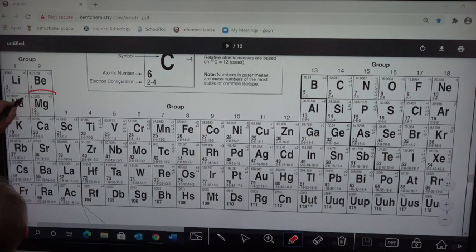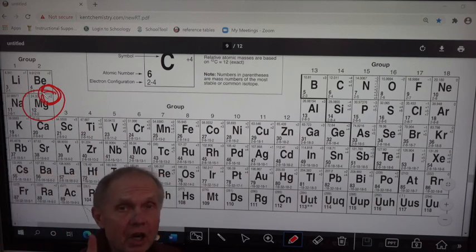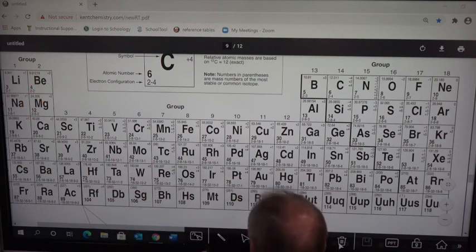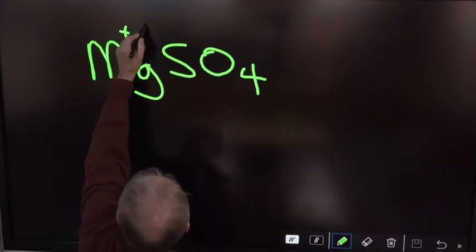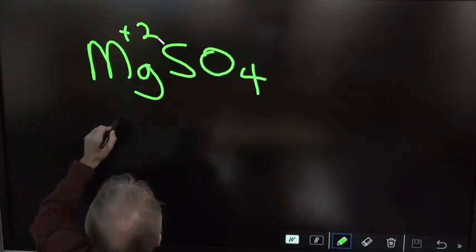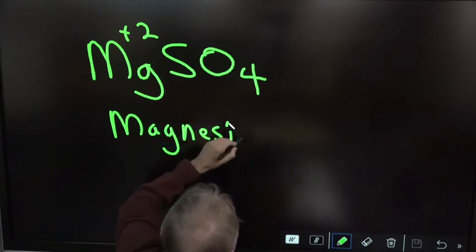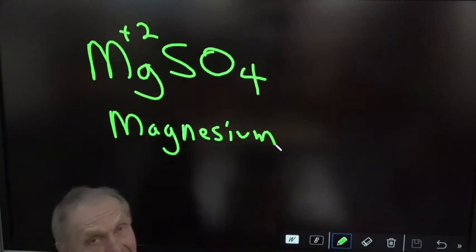Here's magnesium, and notice it only has a +2 charge. If the metal only has one charge, you just name it. So this is one charge, this is a +2. So that would just be called magnesium.